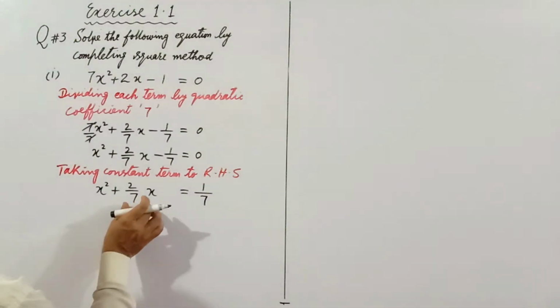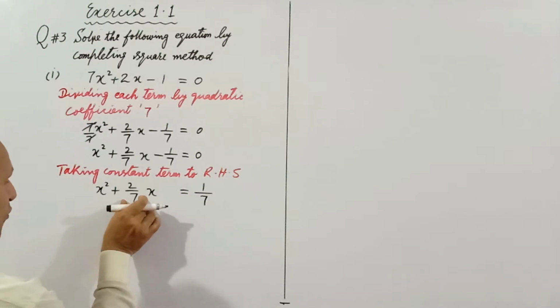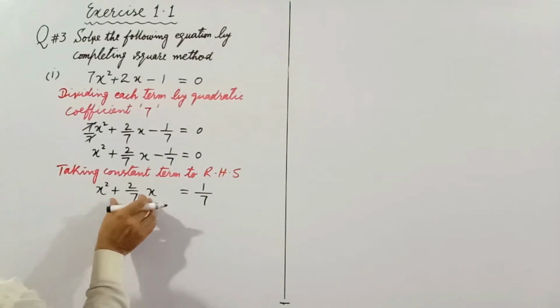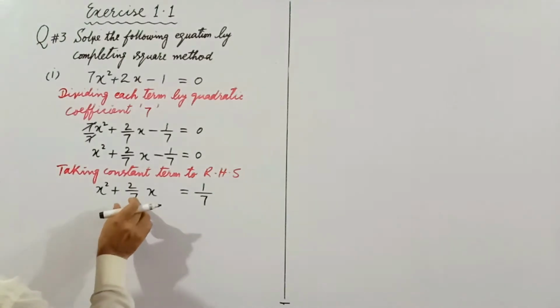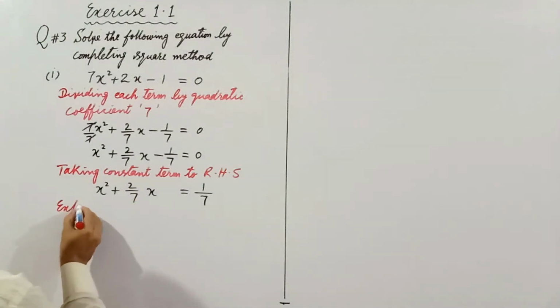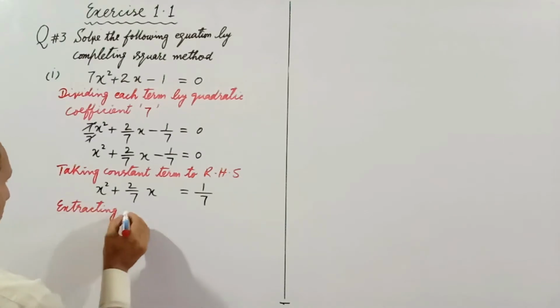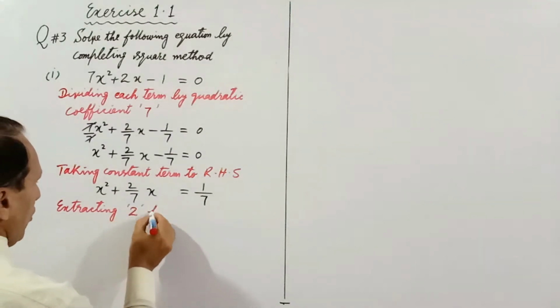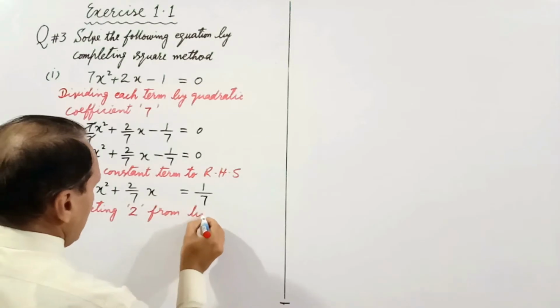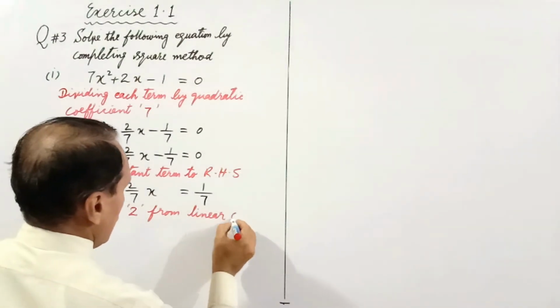If we do not have 2 in the linear coefficient, to make this expression a perfect square, we have to multiply or divide the linear coefficient by 2. But in this case, we have 2 in the numerator, so we extract it, extracting 2 from the linear coefficient.